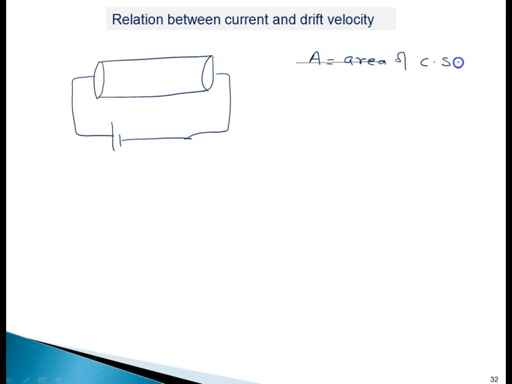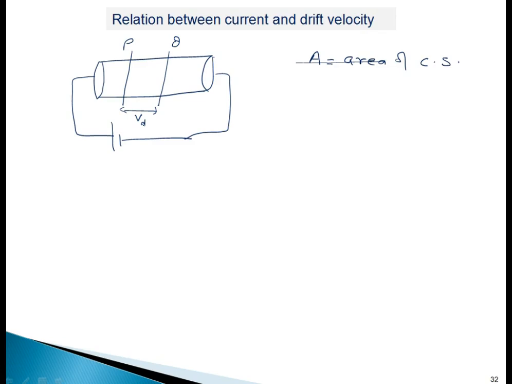Now I assume two cross sections, I name them P and Q, and the distance between them is Vd. What is Vd? Vd is the drift velocity, and I assume the distance between the two cross sections is also Vd. I hope it is clear to all of you.